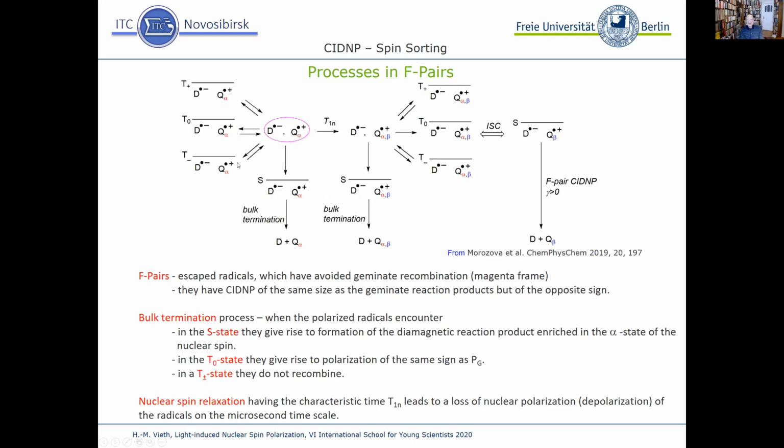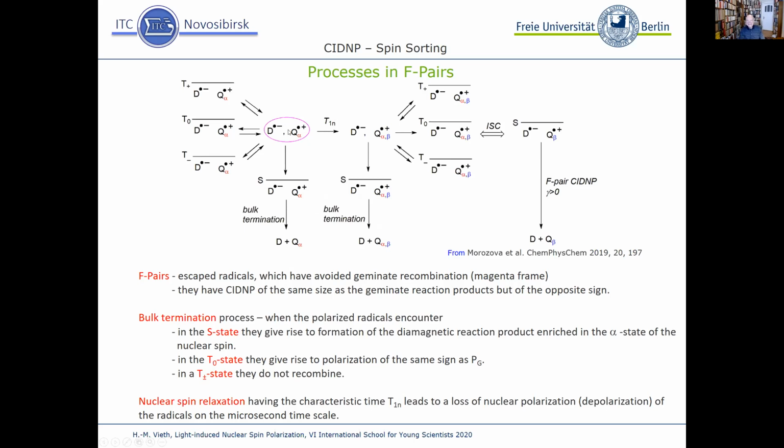is that after we start with a spin correlated pair, which is symbolized by the upper bar here, by diffusion in the soup, we get those radicals which did not recombine in the primary solvent cage.